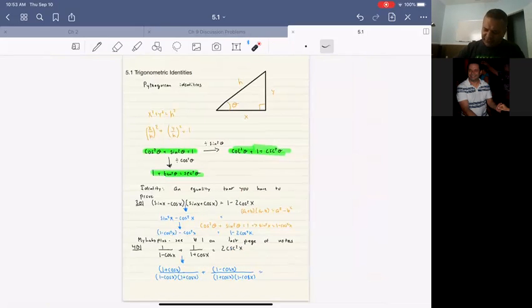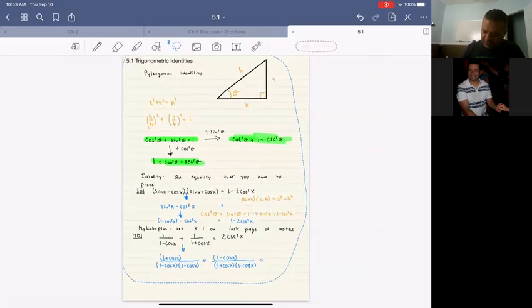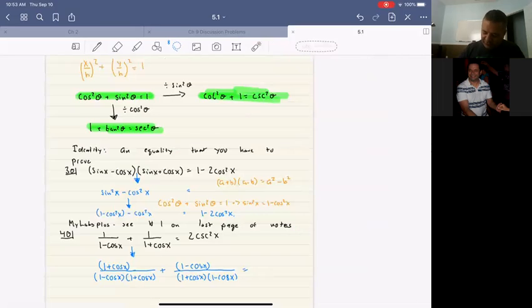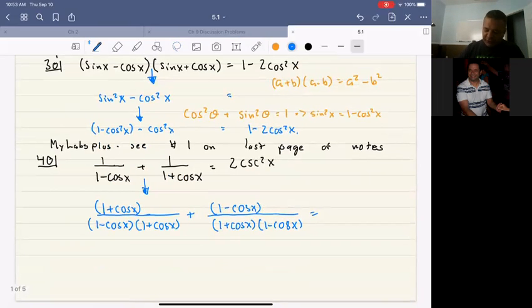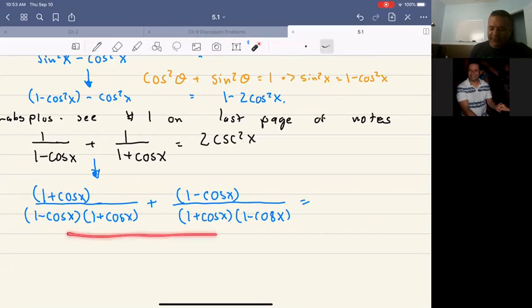Let me give myself a little more room. Okay, now I'm going to combine these things. These have the same denominator, so the cosine here and that negative cosine are going to cancel.